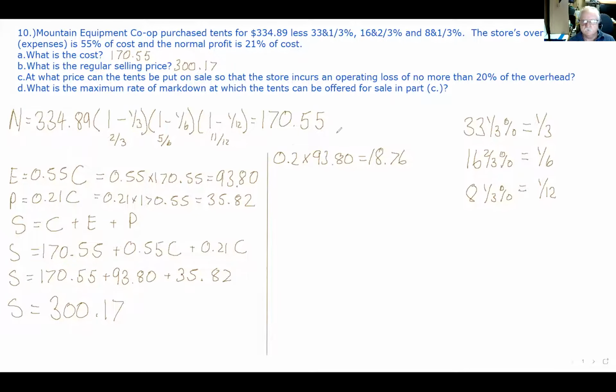So we need to figure out what their break-even price would be, because if they're making a loss, then that's below break-even. So break-even equals cost plus expenses, and we know their cost was 170.55, and their expenses were 93.80.